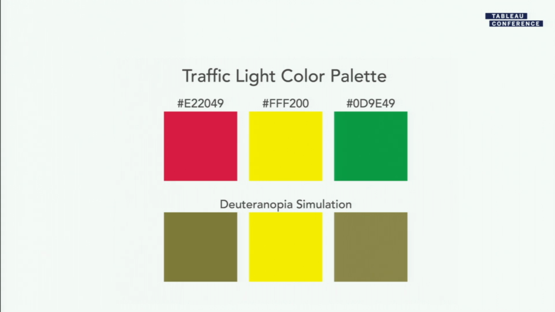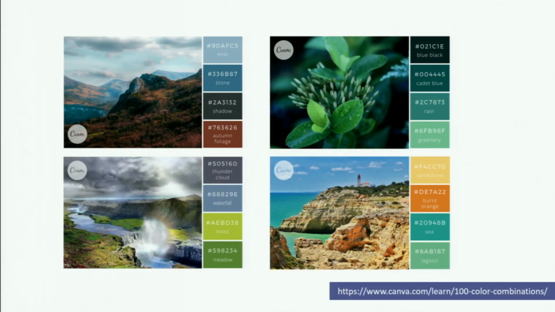So now if you're looking for inspiration for color palettes, this resource from Canva is what I find really, really useful. You can upload an image that you like, and it will give you a set of palettes with the code that you can put into your preference file.